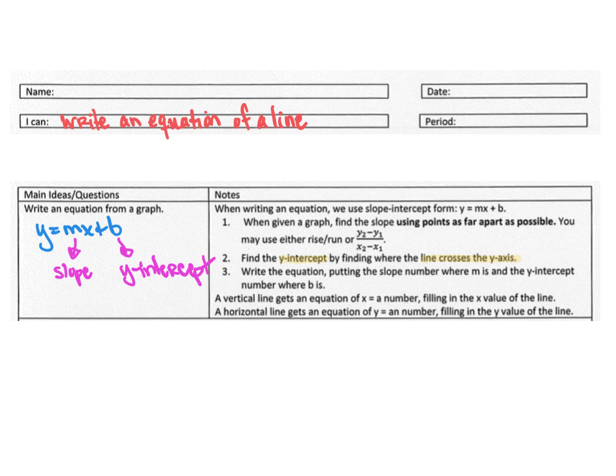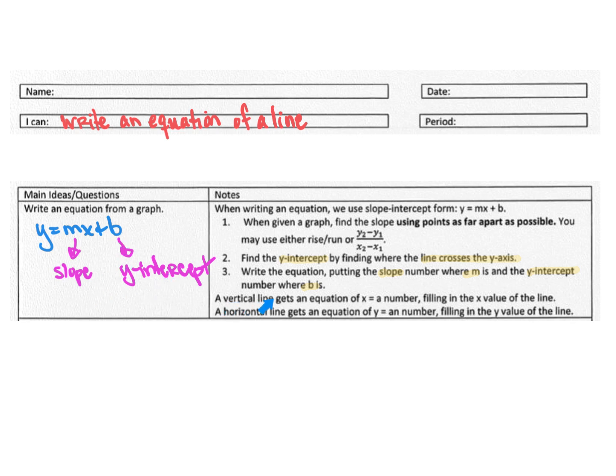And then we want to write the equation, putting the slope in the number where the m is. Let's highlight that too. So slope is m. Y-intercept is b. Just like we explained here, we want to find our slope, find our y-intercept, and put it into the equation.